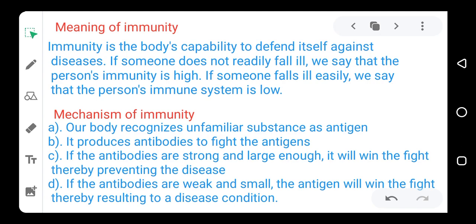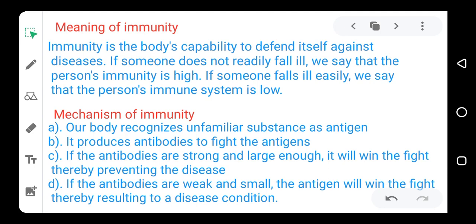So the defense mechanism, which is like our military system in the body, will release some soldiers. The soldiers in the body are called antibodies. The enemies are called the antigen, while the soldiers are called the antibodies. I'm using soldiers and enemy as an illustration, not the actual names for these.